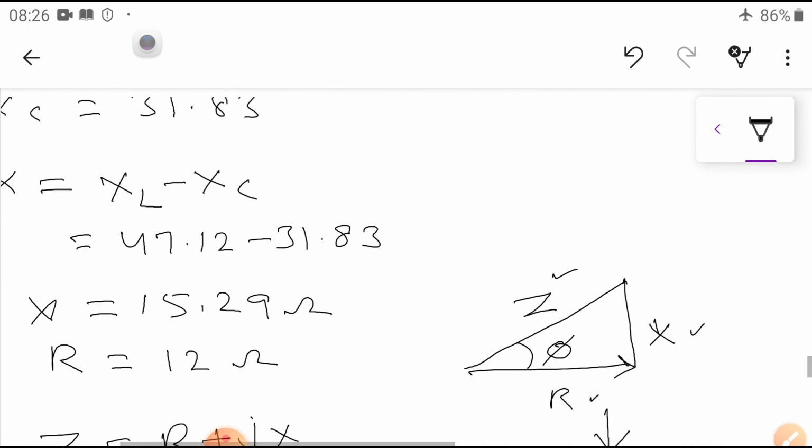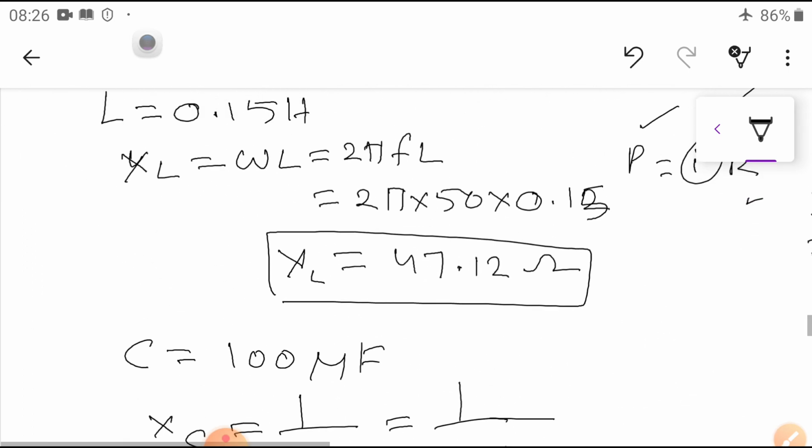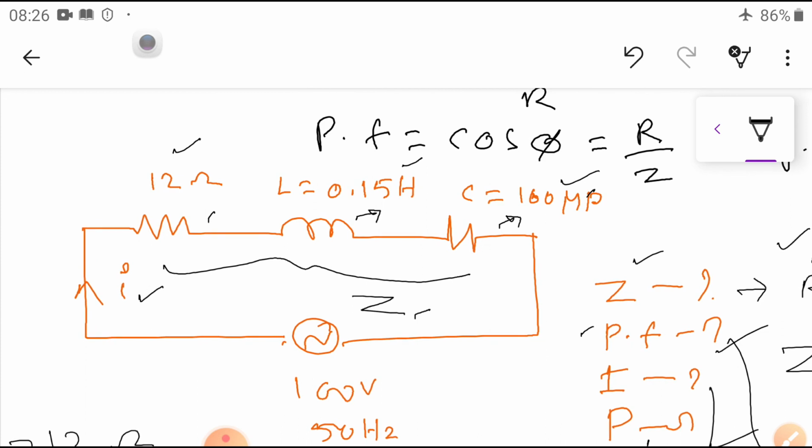Let us see once again what we have seen. This circuit is given such that a resistance of 12 ohms, inductance 0.15 henries and capacitance of 100 microfarads are connected in series across a 100 volts 50 hertz supply, and we find the impedance, power factor, current and power.